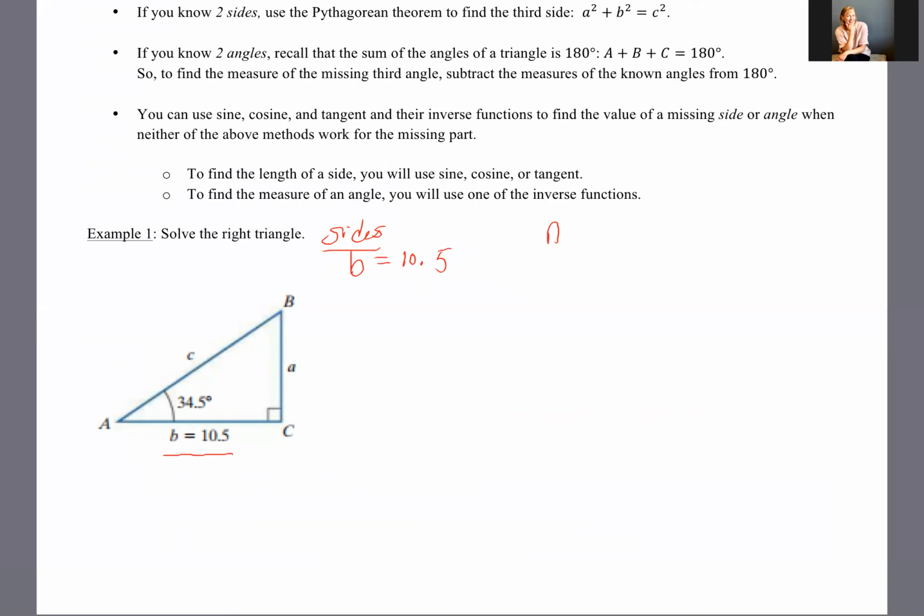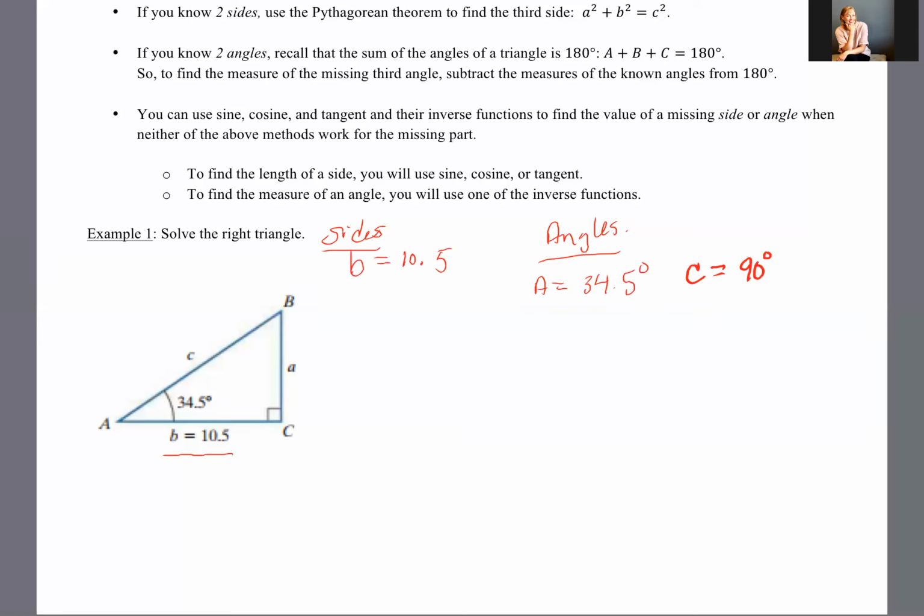I also know a couple of angles. I know angle A, for instance, it is 34.5 degrees. I also know angle C. C is the right angle here, and I know that the measure of a right angle is always 90 degrees.